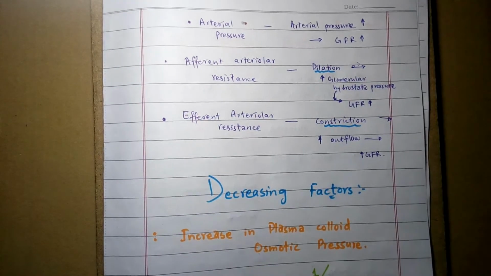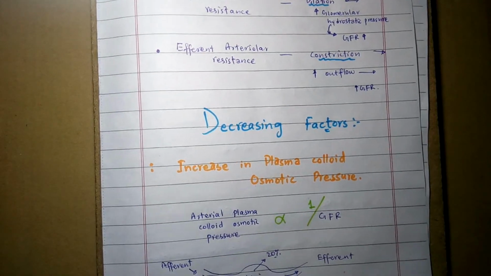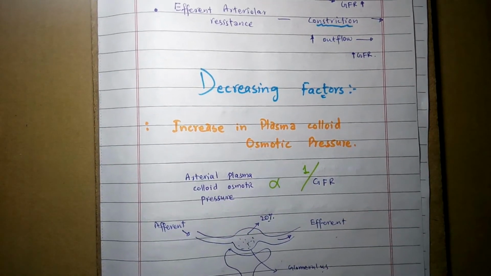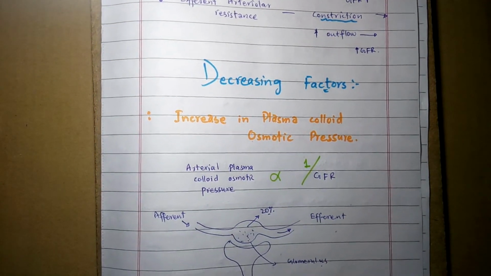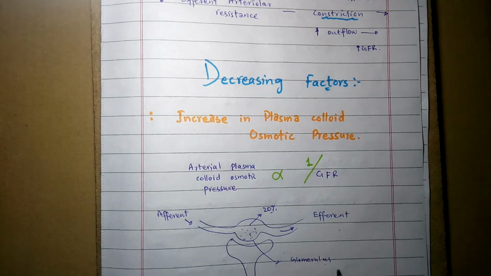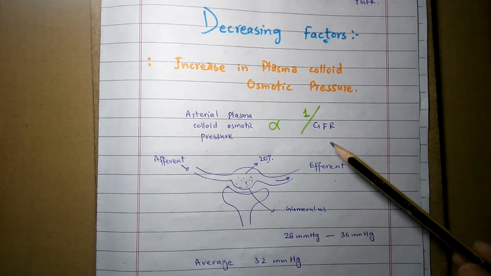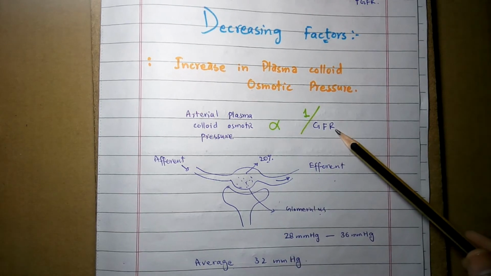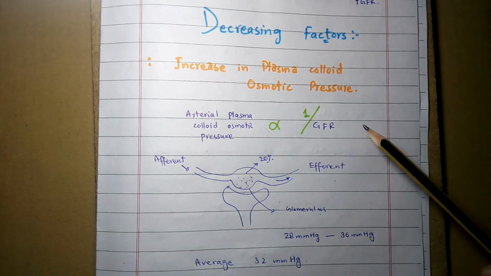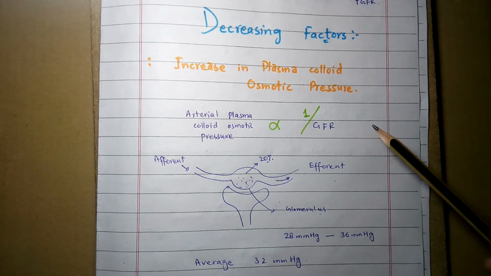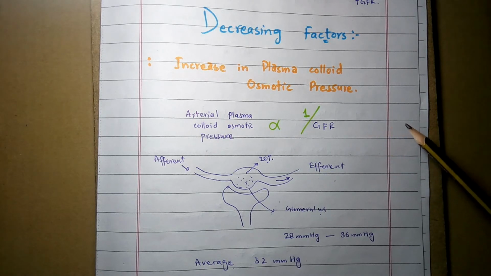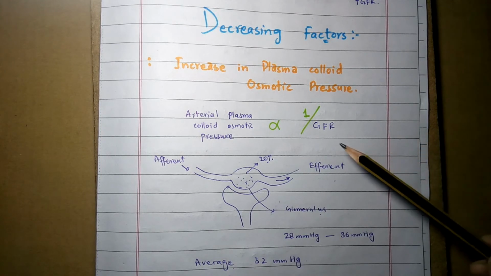Then moving toward the decreasing factors, there are factors that decrease the glomerular filtration rate. Number one is the increase in plasma colloid osmotic pressure, which is inversely proportional to the GFR. An increase in the arterial plasma colloid osmotic pressure raises the glomerular capillary colloid osmotic pressure, which in turn decreases the GFR.